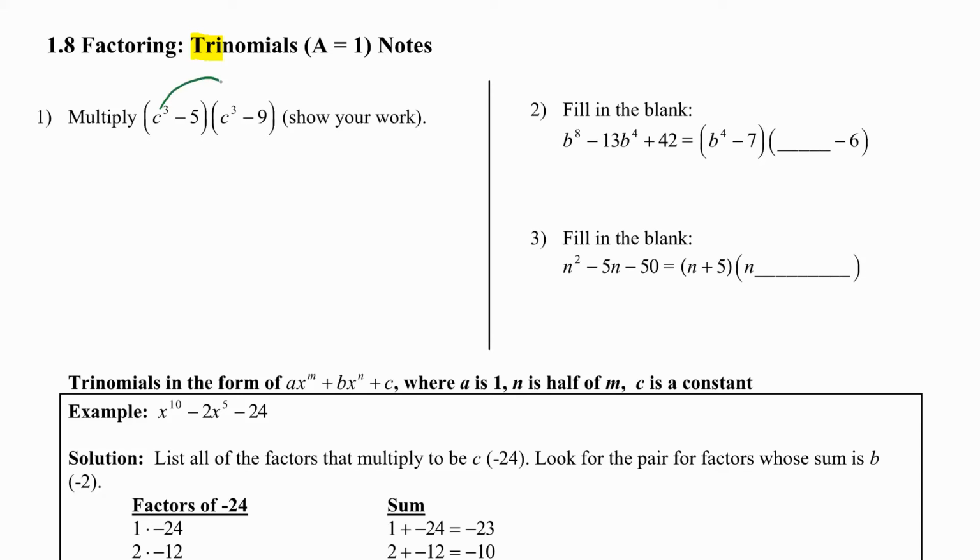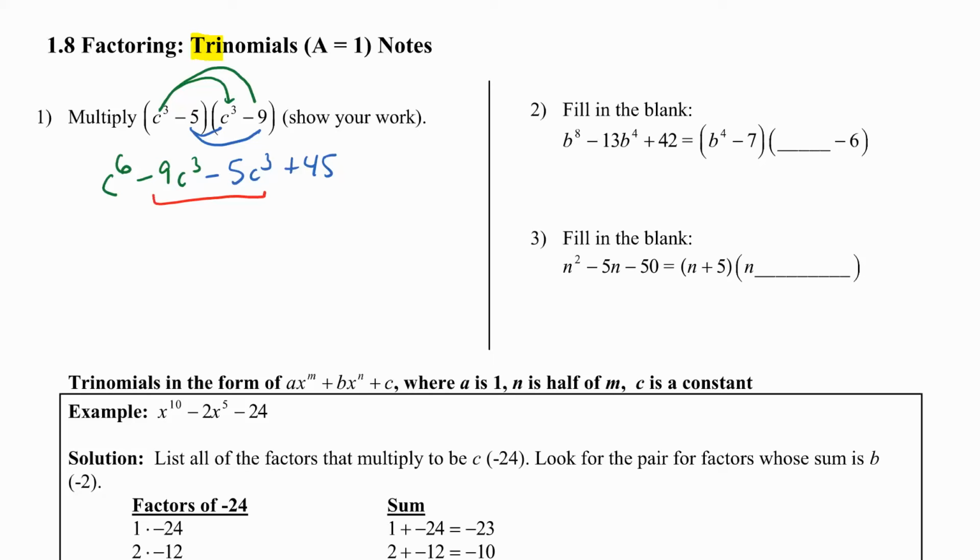So we have c to the third times c to the third, which is c to the sixth. C to the third times negative 9 is negative 9c to the third. We'll do the same thing with distributing negative 5. So it's negative 5c to the third, and negative 5 times negative 9 is positive 45. Then after we distribute, we combine like terms.